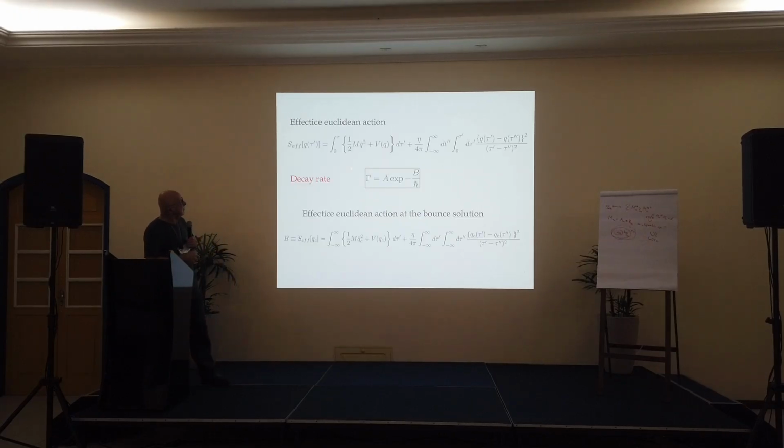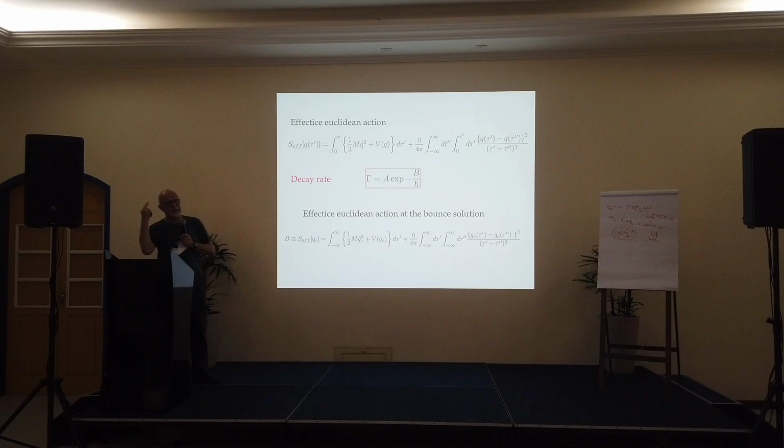And when we do that, the effect of the Euclidean action, as I showed you, is the one of the particle itself, plus something which is completely positive. It doesn't really matter what sort of things I have here. So it's positive. So I increase the effective action, and the effective action shows up in the exponent. So I will reduce the probability of tunneling. So the decay rate will be given by big gamma.